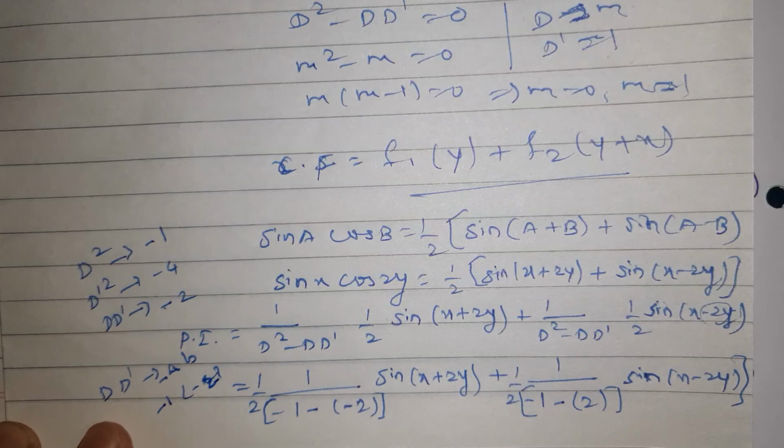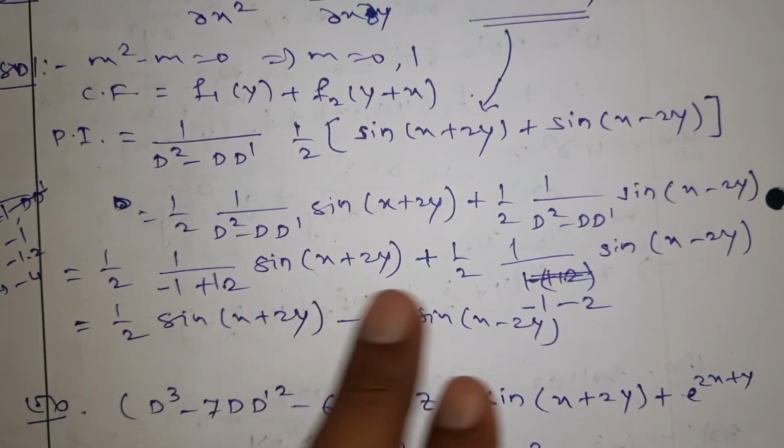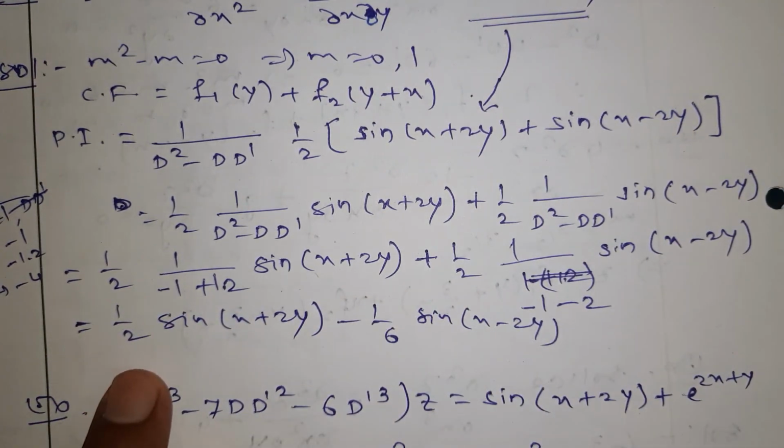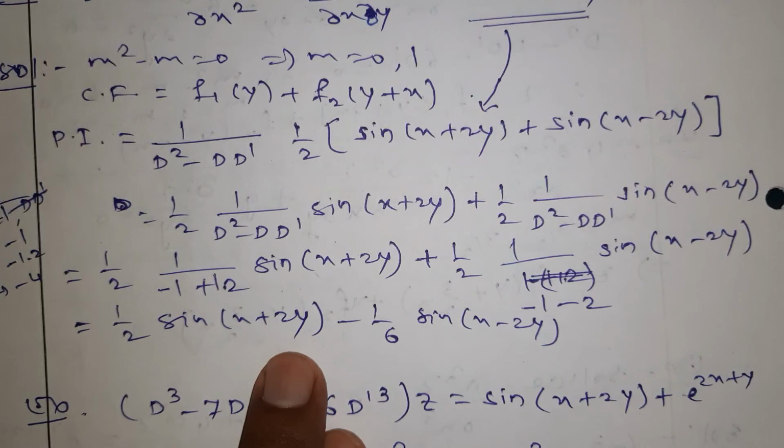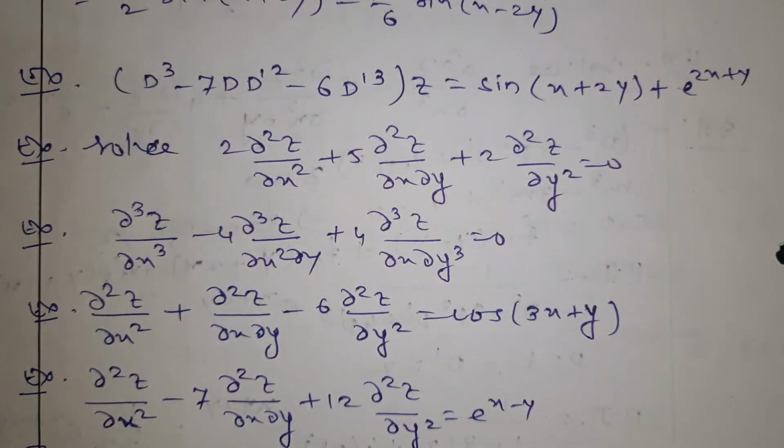Right? Now do the calculation and complete your answer. Your final answer is 1/2 sin(x + 2y) − 1/6 sin(x − 2y). And some examples I put in front of you for practice purposes.